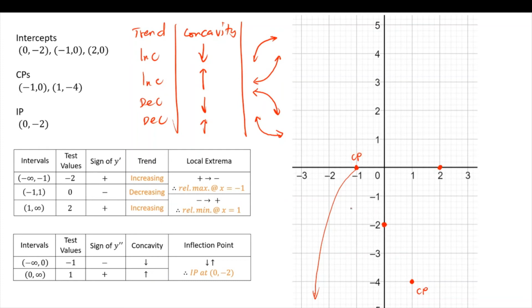So first one, decreasing and then downwards, the graph will look like this one. And then the same trend, decreasing, but this time because we have an inflection point, the concavity changes from downward to upwards. So decreasing upwards, the graph will look like this one.